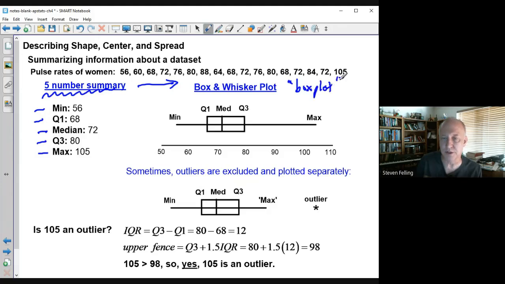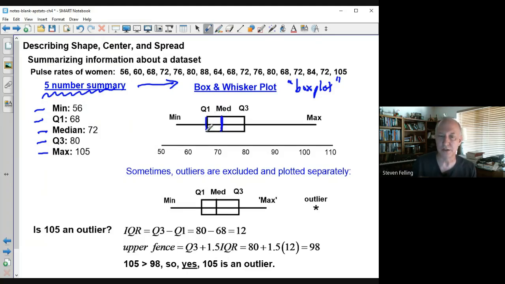Okay, so a box and whisker plot basically graphically shows the values of the 5-number summary for numerical data. So you have some sort of a number line here with the possible values of the data that you're looking at, like race times or the heart rates of women or something like that. And then you draw a line here in the middle where the median is.